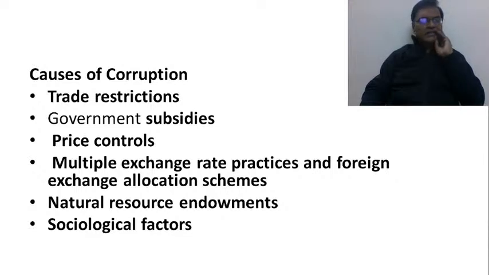Jawaharlal Nehru committed a big mistake. What was the mistake committed by him? He equated his personal honesty and integrity with that of the state. Since he was very honest, with so much integrity, he also believed that everyone who would be part of the government and the state would be like him only.